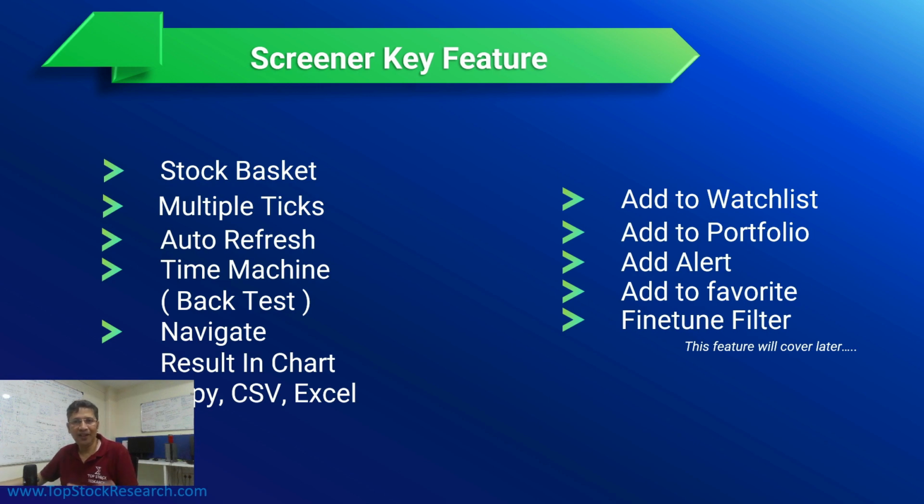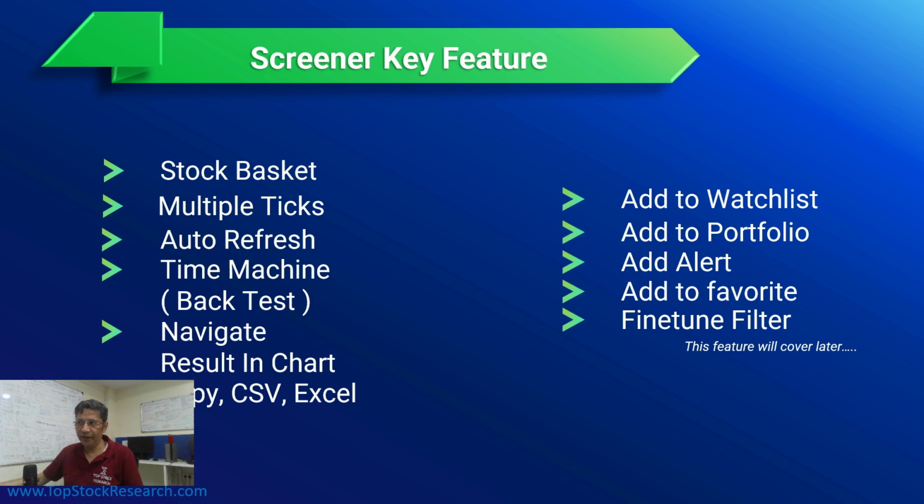So the idea of this particular session is to give you a quick overview of screeners, how they are arranged, what the ticks supported are, then auto refresh with color coding, green being the latest added since your last refresh. Then you have backtesting, purely for new users, or even for pros who may want to try out a different strategy.